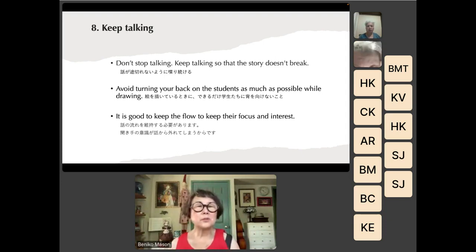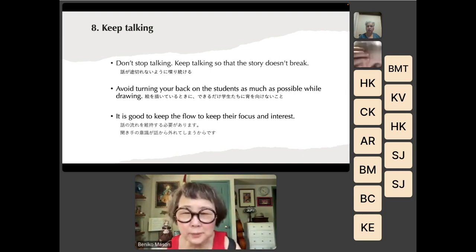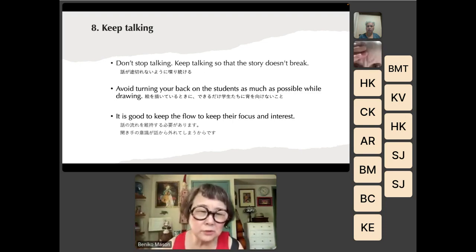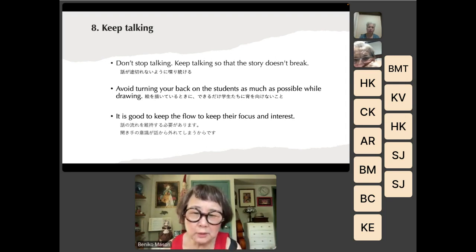I've seen teachers turn to the blackboard, and they start drawing, but it's taking so long to draw and the students are just watching the teacher's back. That's not a good idea. It stops, it breaks the story. It is good to keep the flow, to keep their focus and interest.